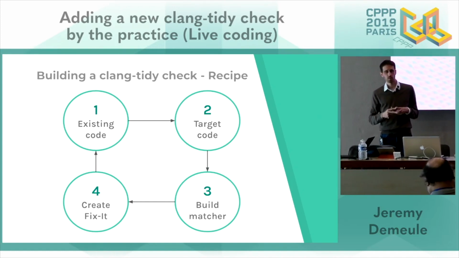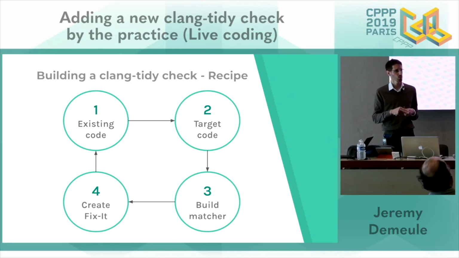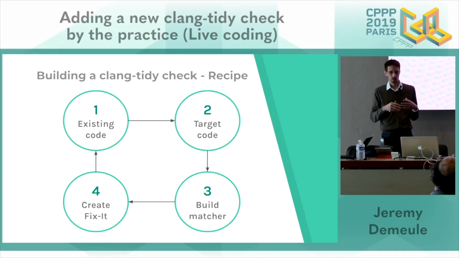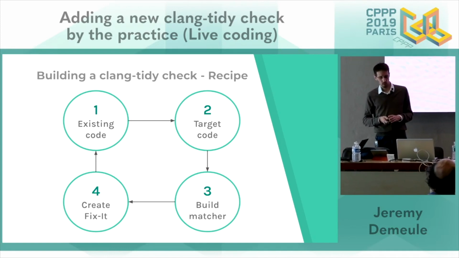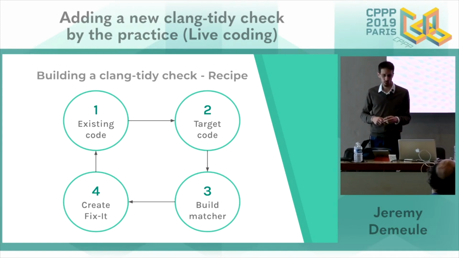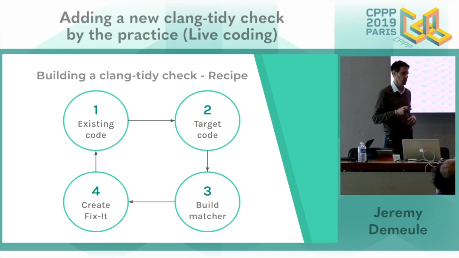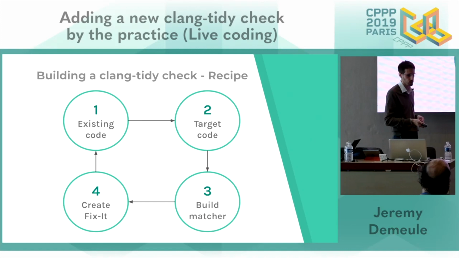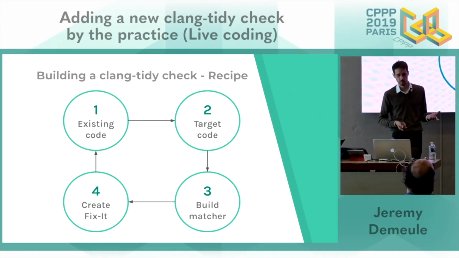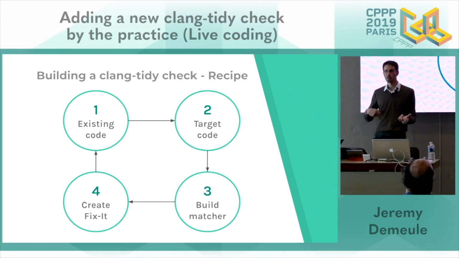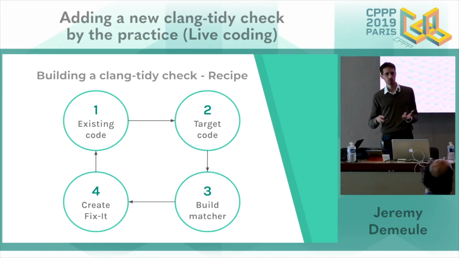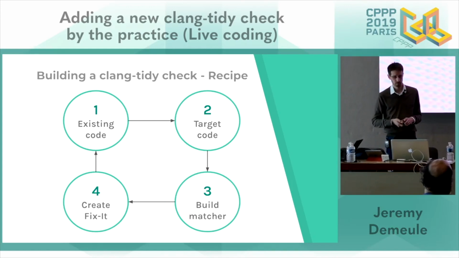With that in mind, I'm able to build matchers to retrieve one or several pieces of information from them. And finally, I'm able to create a textual replacement associated to a location inside the original source code, and this becomes my fix-it. And I repeat the operation until I reach my final point.